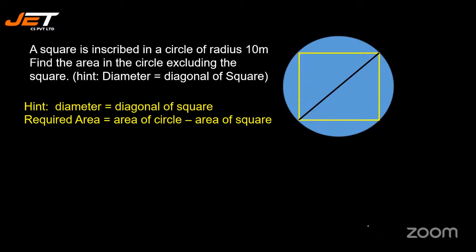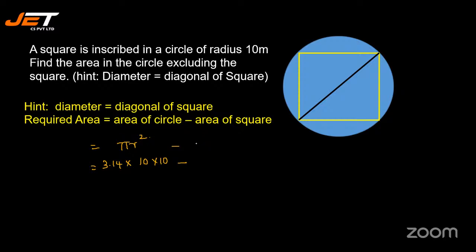Okay, let us work it out. Pi r square, okay, which is 3.14 into radius is 10 into 10 minus area of the square.